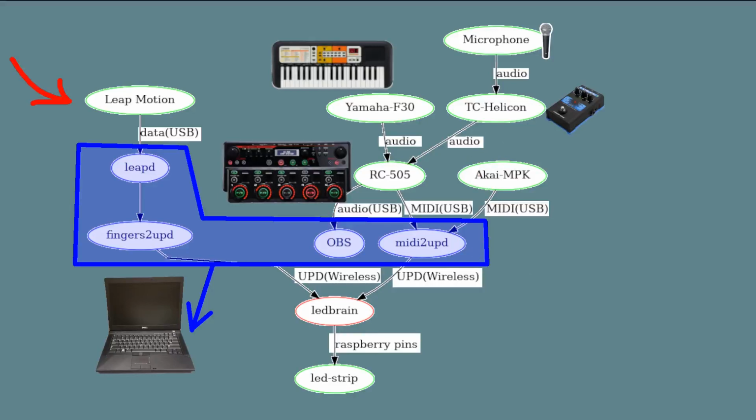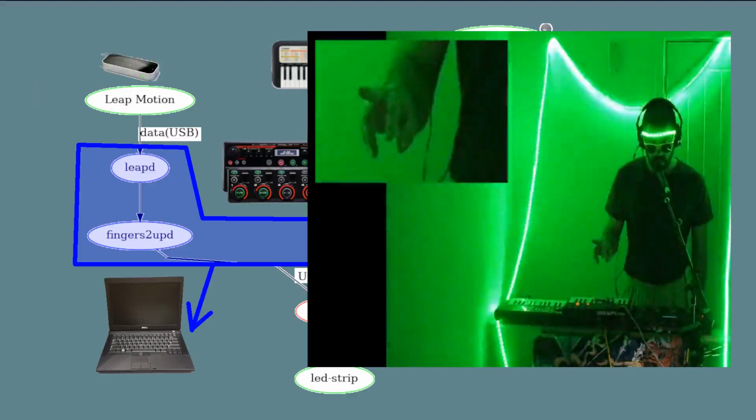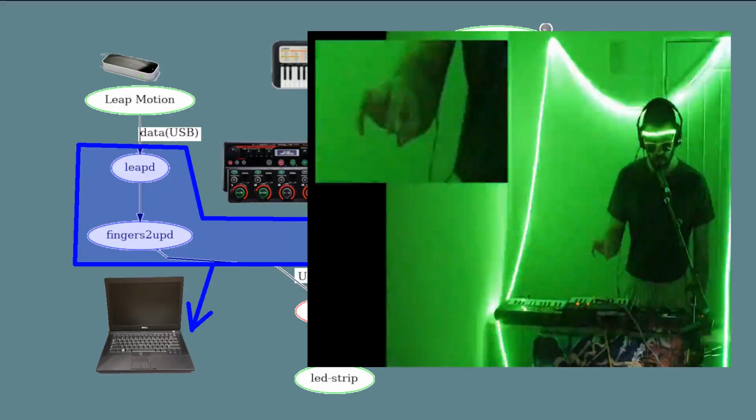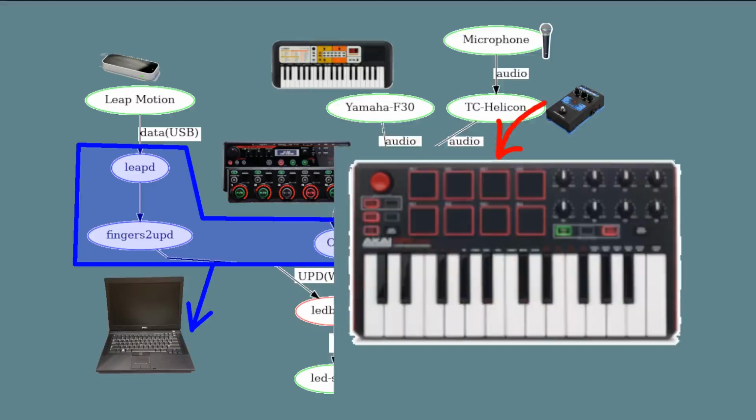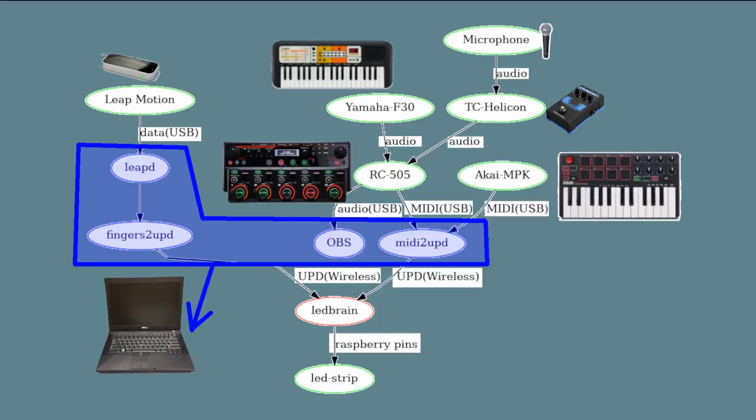On the other side, connected to the computer, we also have the Leap Motion, which is responsible for sending the finger position to control the lights with the fingers. And we also have the MIDI controller that contains pads and knobs. With this information we will control the light, so we need all of that in MIDI to UDP in the computer. The Leap Motion is connected to libd, which is actually part of the drivers, and that one is connected to fingers to UDP.